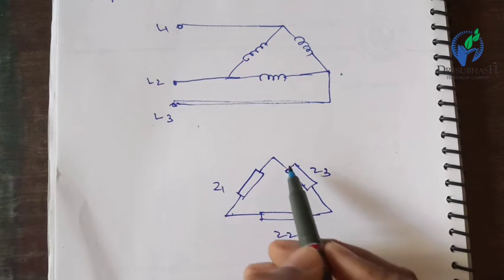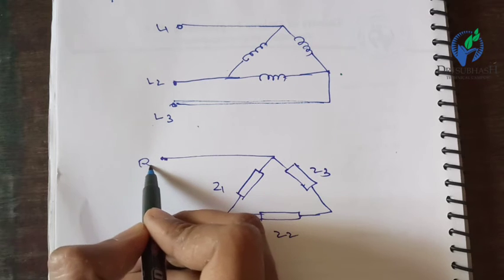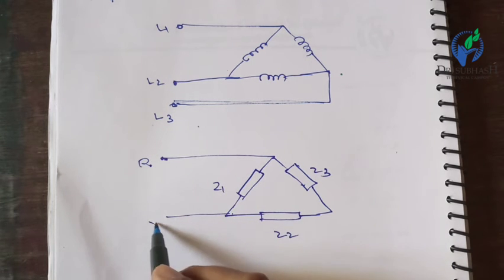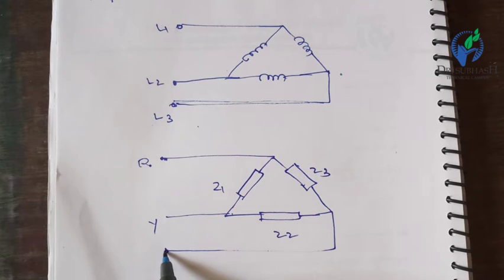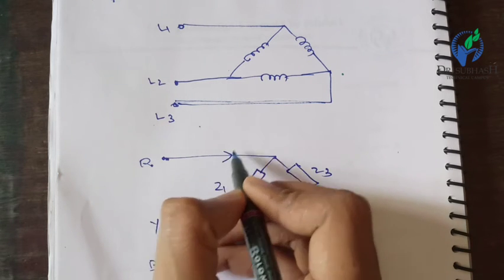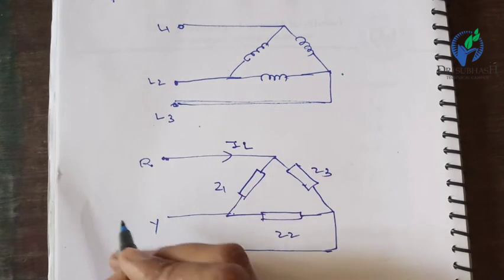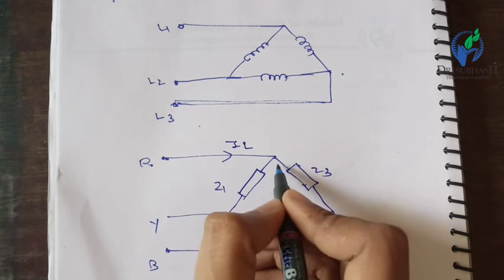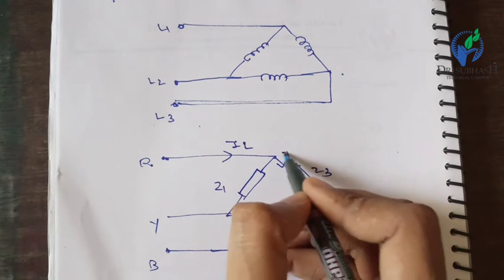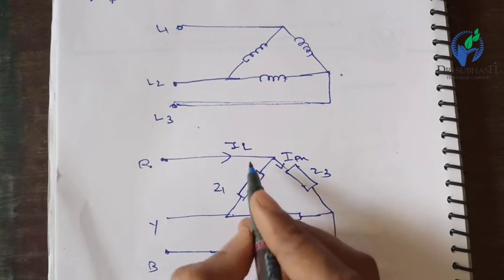For simplification, the common loads are known as Z1, Z2 and Z3. The phases between them are the R phase, Y phase and B phase. The current of the R line is IL, the common line current, and the current through a load is the phase current, IPH.